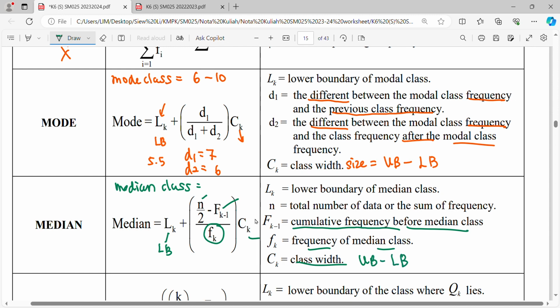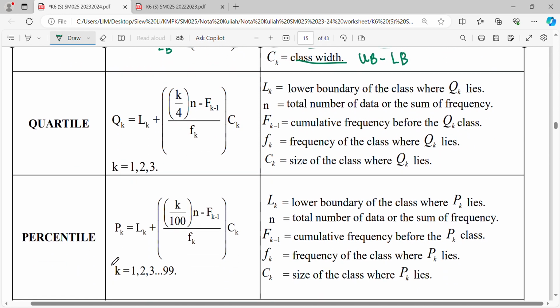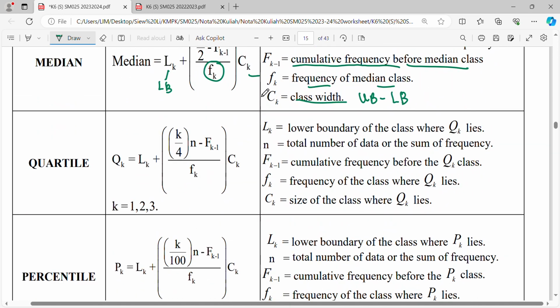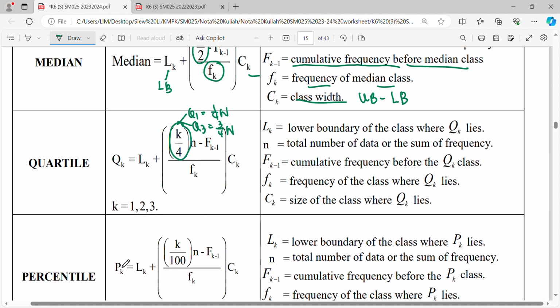So actually for median, quartile, and percentiles, the formulas look alike, just the position is different. For median we put N over 2. For quartile it depends. If you want the first quartile, the position we put is 1/4 n. If you want the third quartile, the position we put is 3/4 n. For percentile it depends.